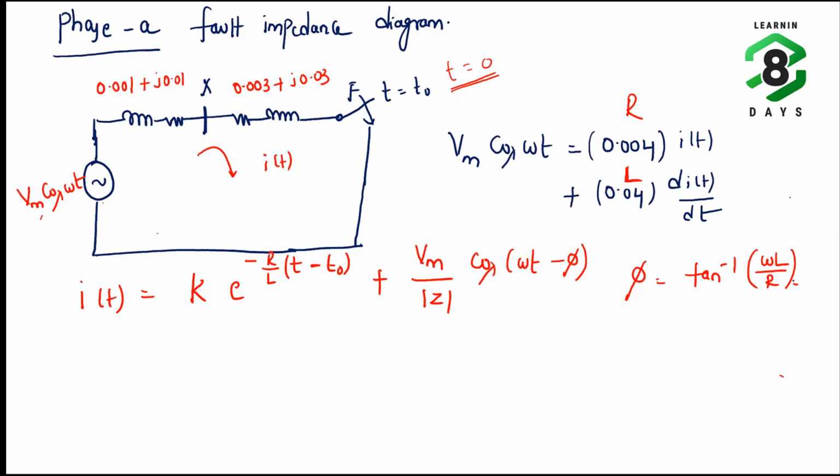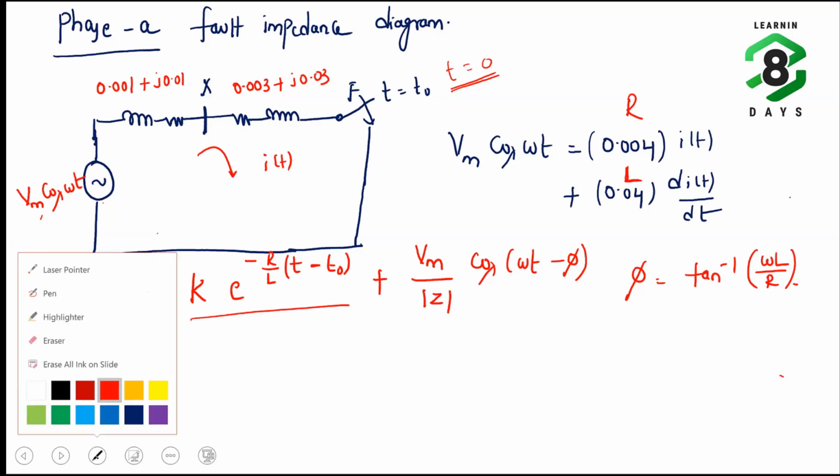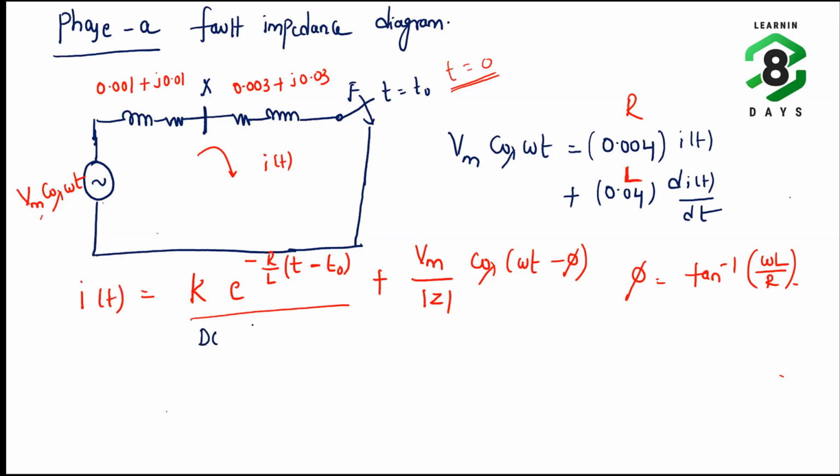That is the total fault current that flows immediately when the fault occurs. This part is called the transient part, or in power system language we call it DC offset current, and this part we call the steady state part or symmetrical short circuit current.